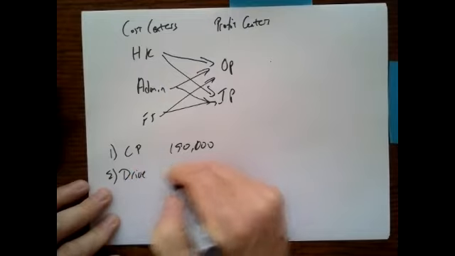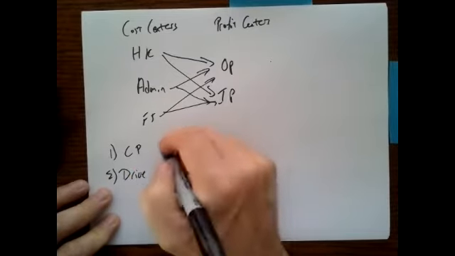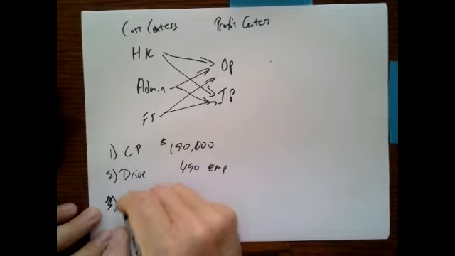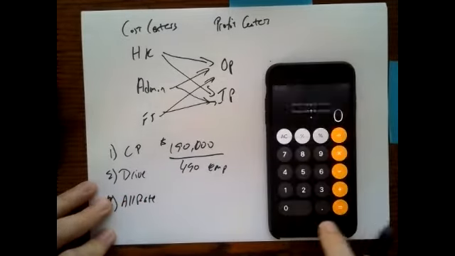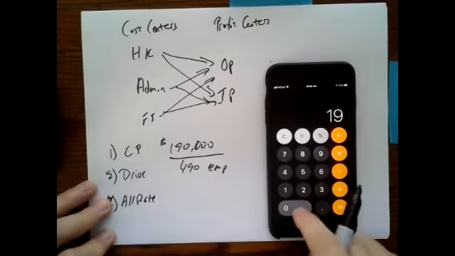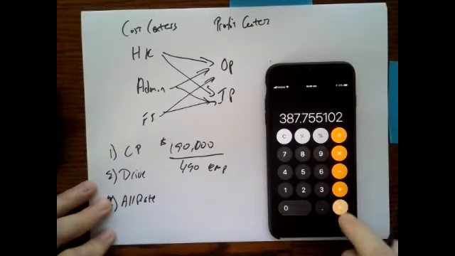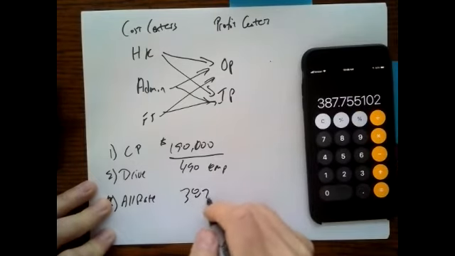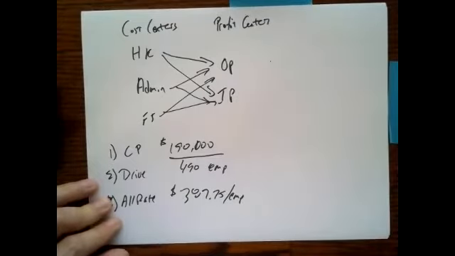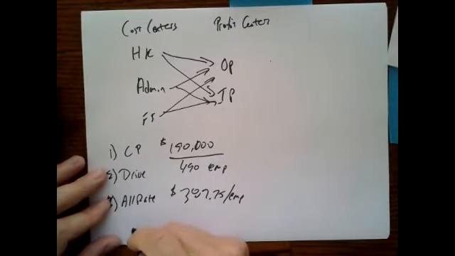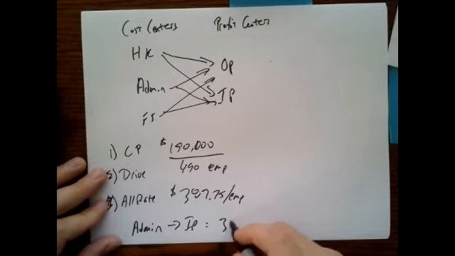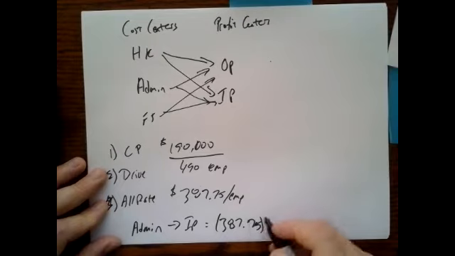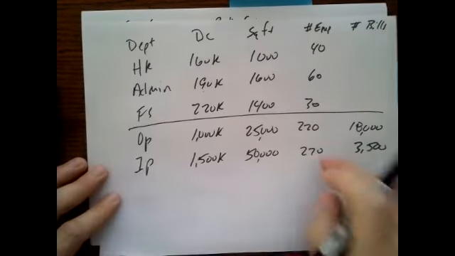So the driver is 490 employees. The allocation rate is 190 divided by 490. 190,000 divided by 490 gives us 387.75 per employee. And so the amount allocated to inpatient, admin to inpatient, is going to equal 387.75 times the number of employees, 270.